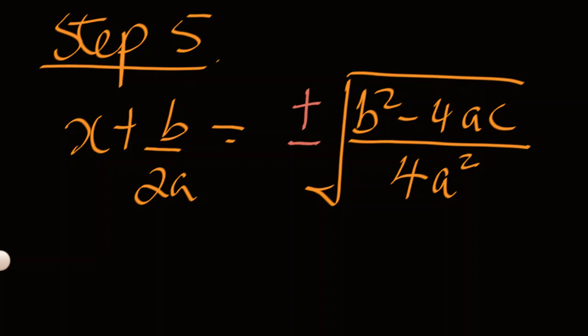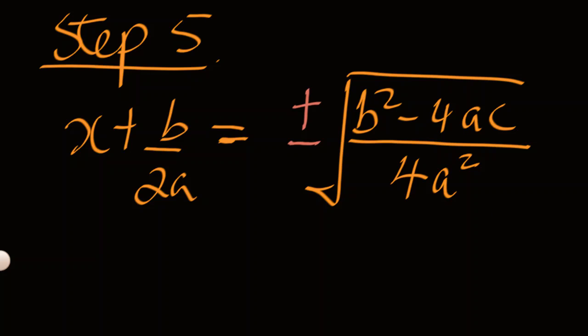Don't forget the plus or minus. Now, still in step 5, we can see here that our denominator is a perfect square, but the numerator is not a perfect square. We can simplify the denominator, but we keep the square root sign on the numerator. We are allowed to do that.